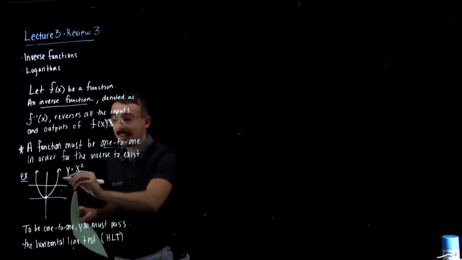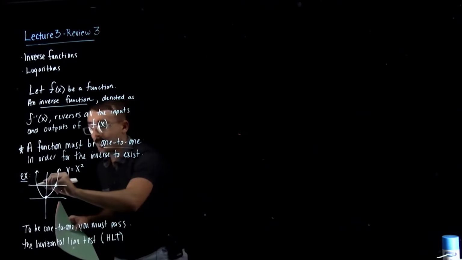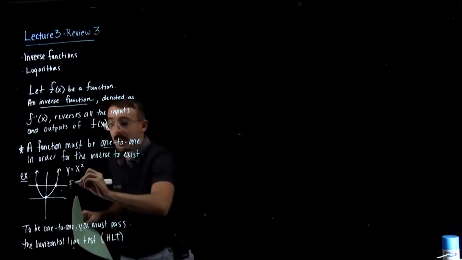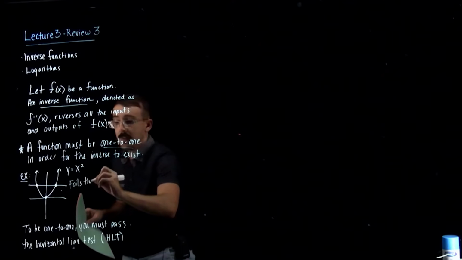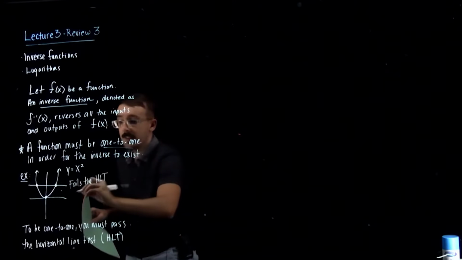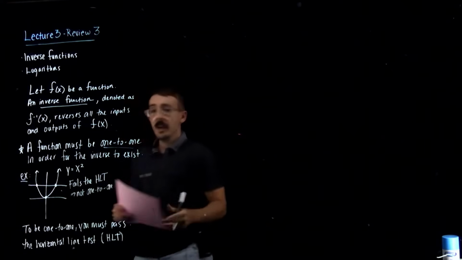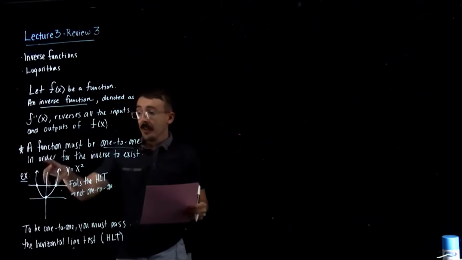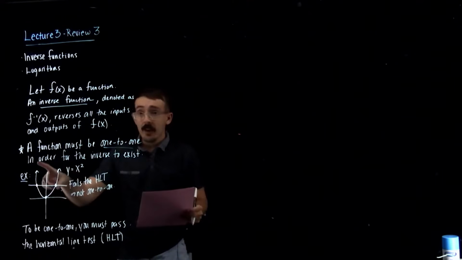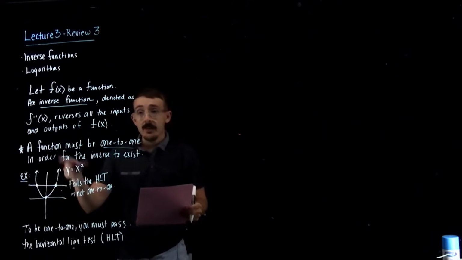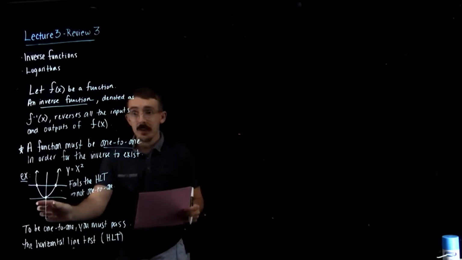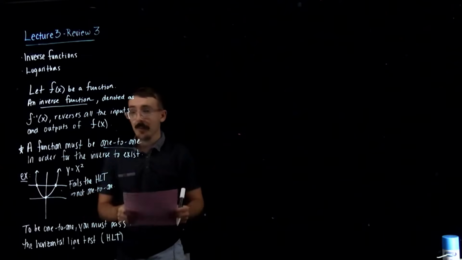So let's just draw a horizontal line. You can probably see that there's a problem. This graph fails the horizontal line test. So that means it's not one-to-one. One-to-one means that for every output that you see, you should not have more than one element in your domain that maps to that same output.